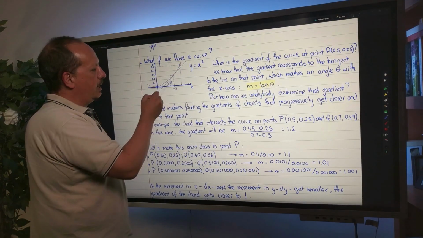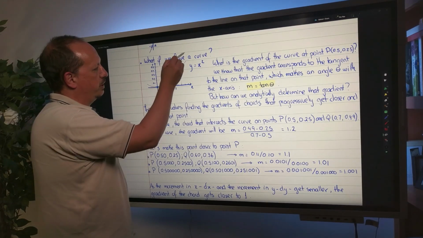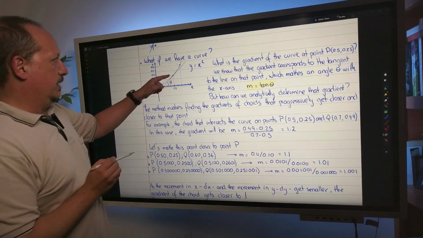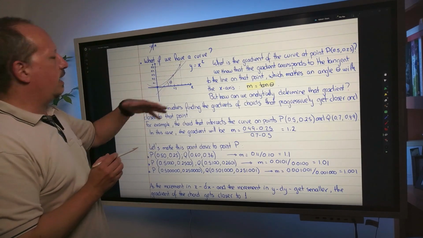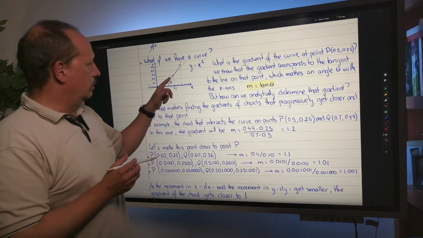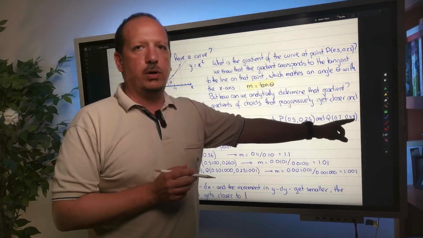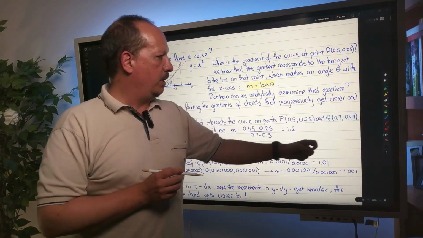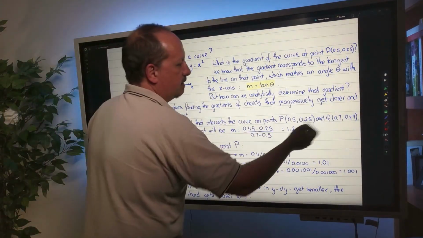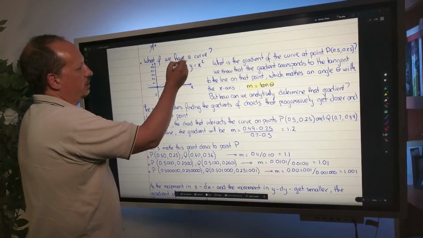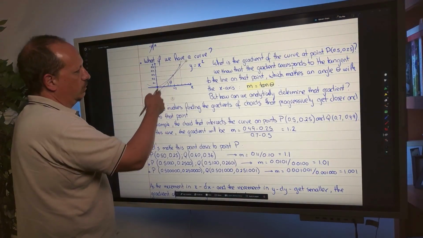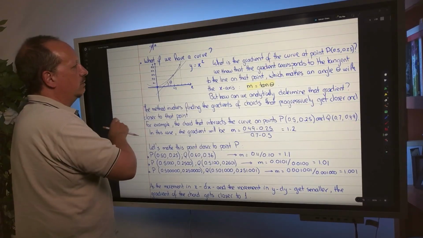Quite randomly, I picked this chord over here that passes on this point, and that one over there that is arbitrarily close to the one that we are studying, and this was point 0.7, 0.49. So I picked these 2 points. I drew here the chord, and this is the yellow line that you can see here, right?